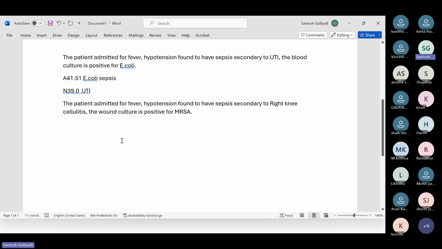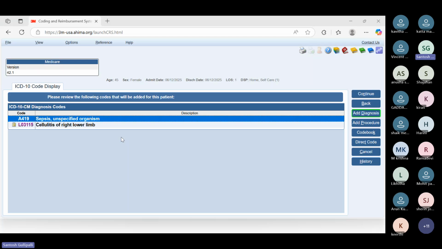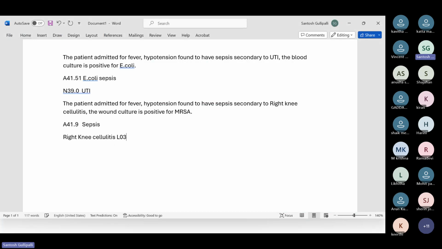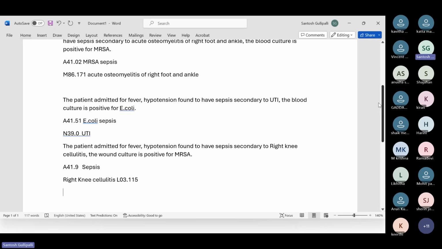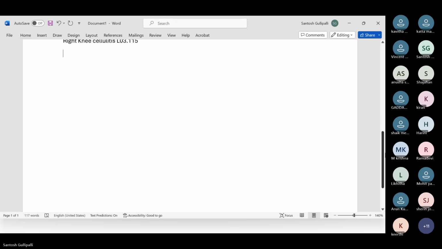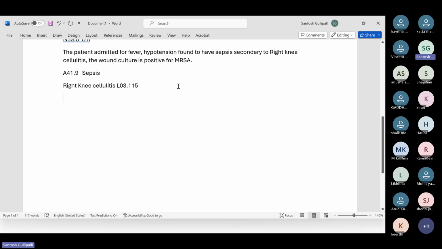First give the sepsis code A41.9, then the localized infection, right knee cellulitis, L03.115, and an additional code for MRSA, B95.62.